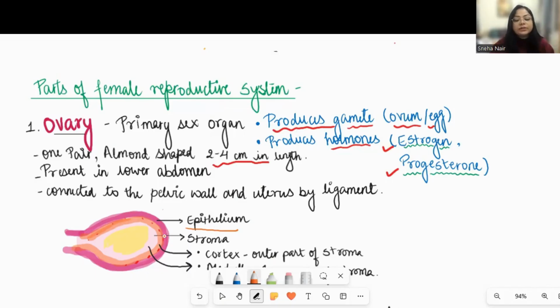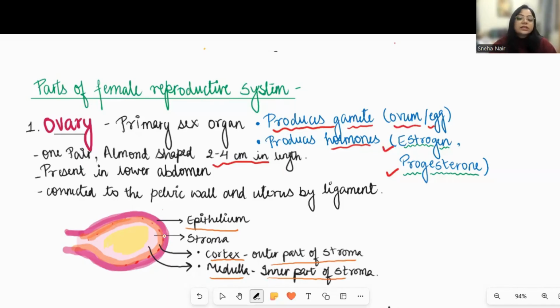Whatever is inside the epithelium is the stroma. The stroma is divided into two parts. The outer part of the stroma is called the cortex, and the inner part of the stroma is called the medulla.